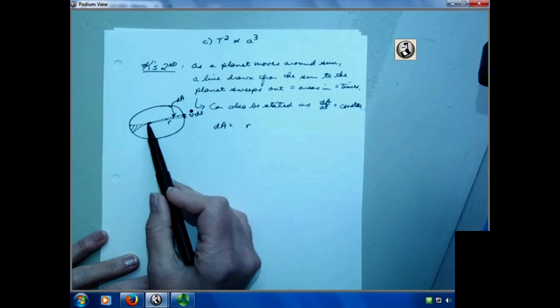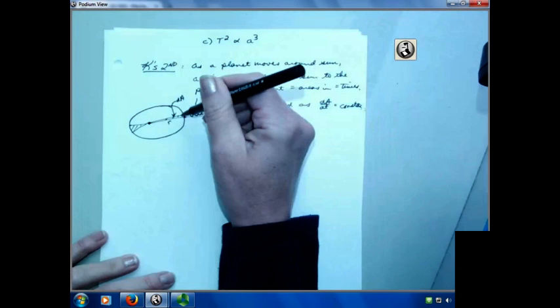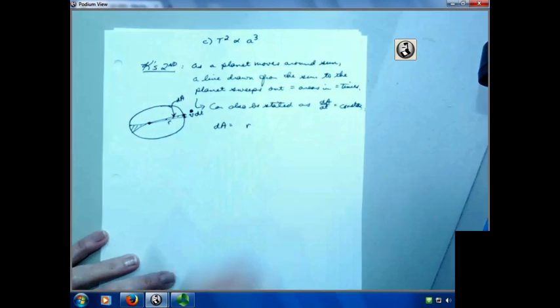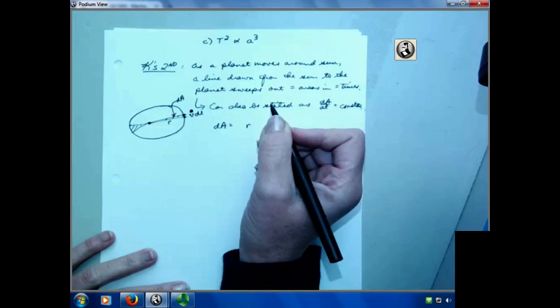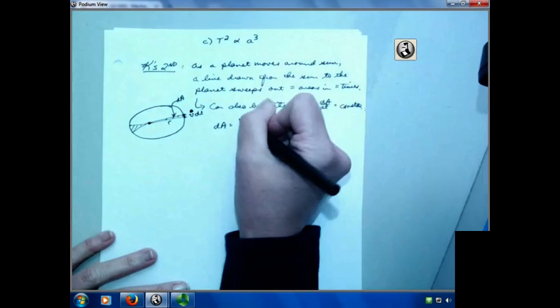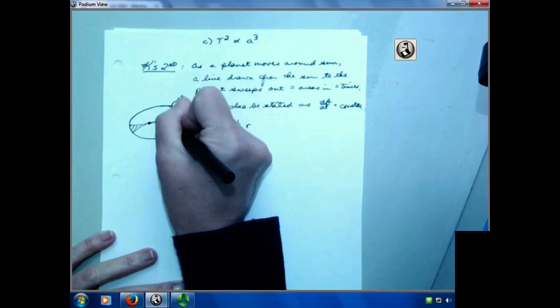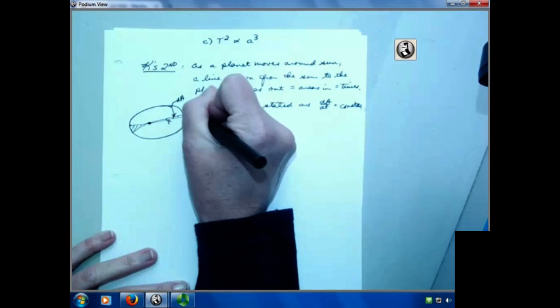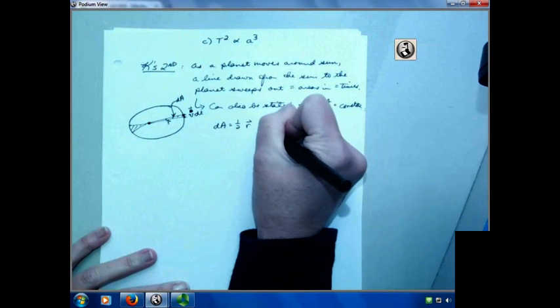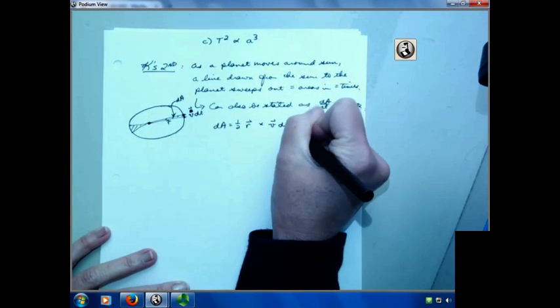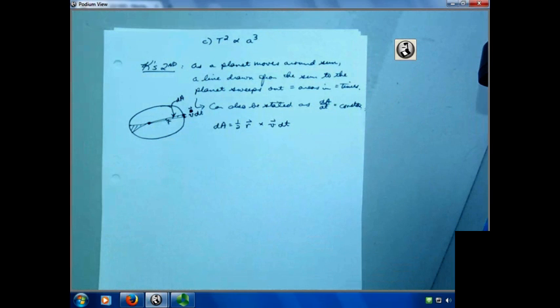It could have its base be r and one of its sides be v dt, and its area would be 1/2 r cross v dt, where v dt would be a vector. So, let's go ahead and make them vectors after all: 1/2 r cross v dt, just for the area of that triangle. Are you guys okay with that?